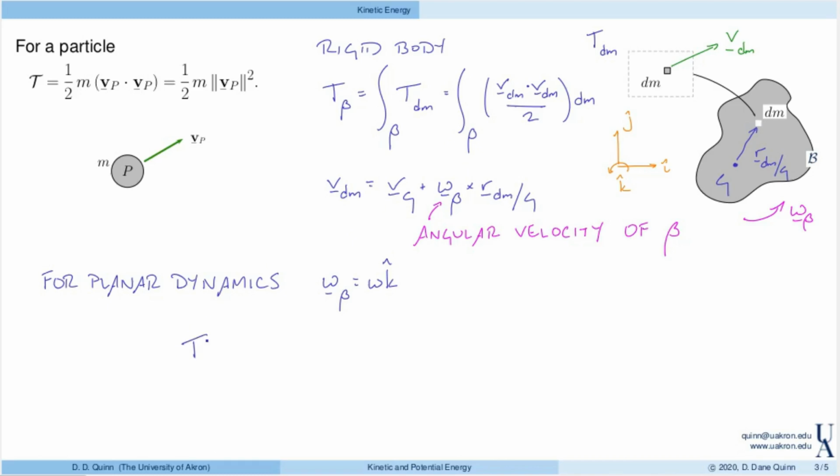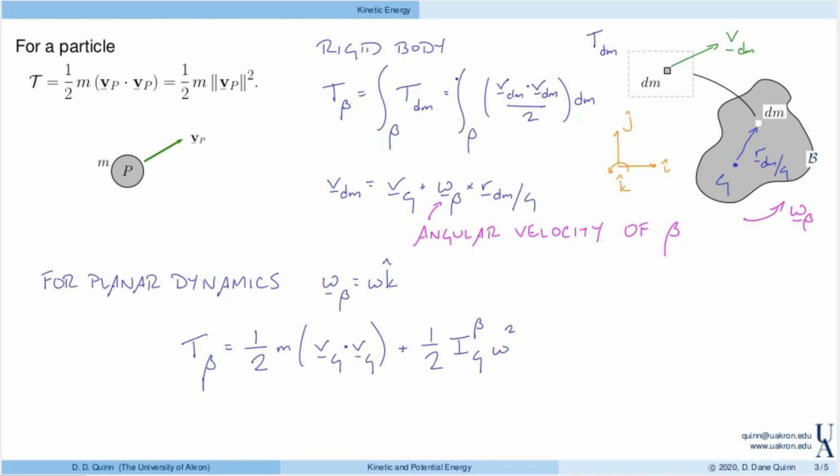And here, what we find is that the kinetic energy of the object is 1/2 times the total mass times the speed of the mass center squared plus 1/2 times the moment of inertia of the object about the mass center times the angular velocity squared.